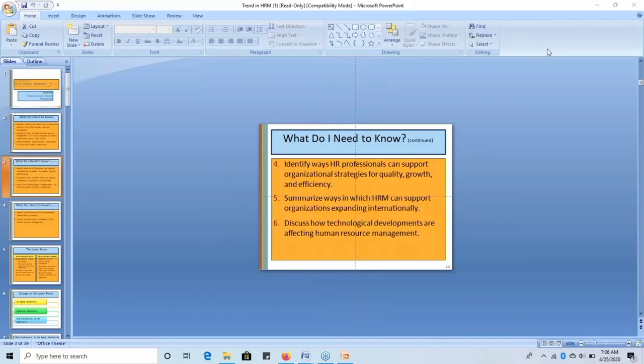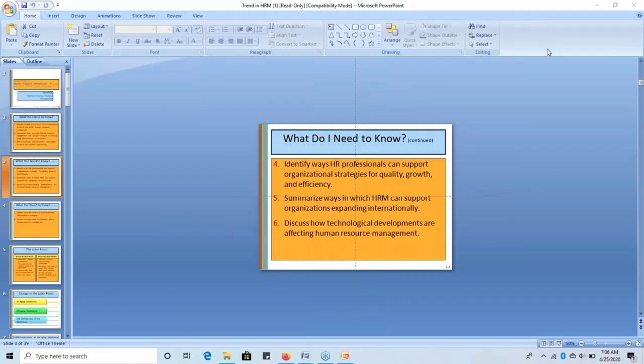It is the desire of every organization or every business concern to grow its business up to that status.